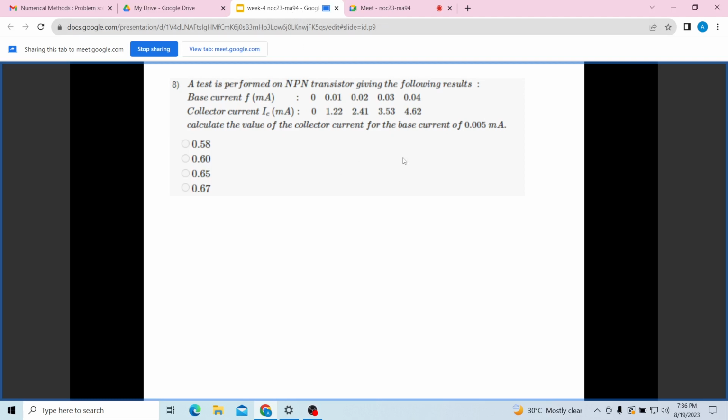You have to interpolate the value of collector current at base current 0.005. So use any of the methods, Newton backward interpolation or forward interpolation, and calculate the value at 0.005 milliamperes.